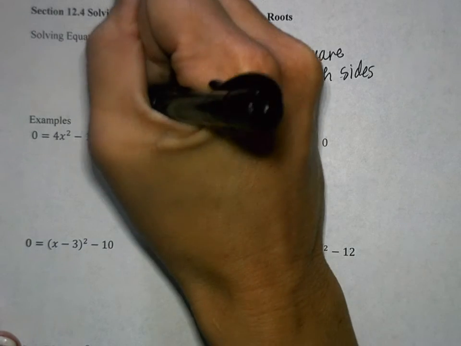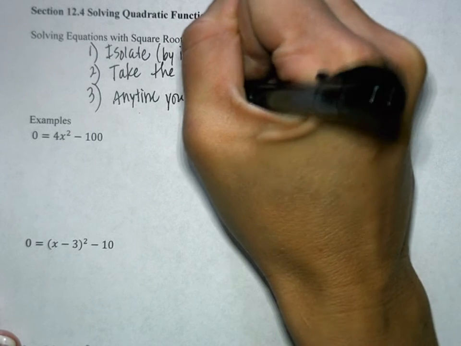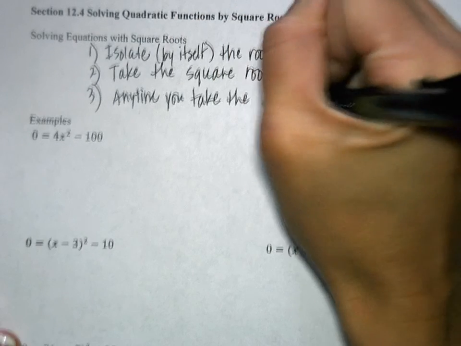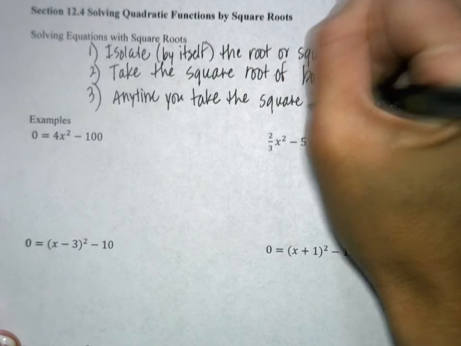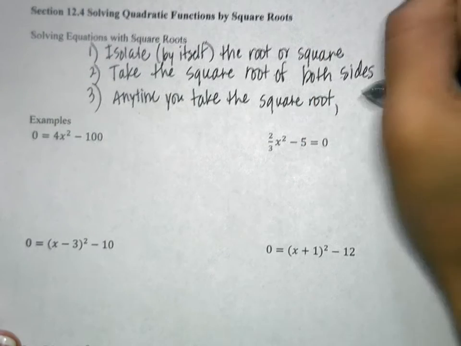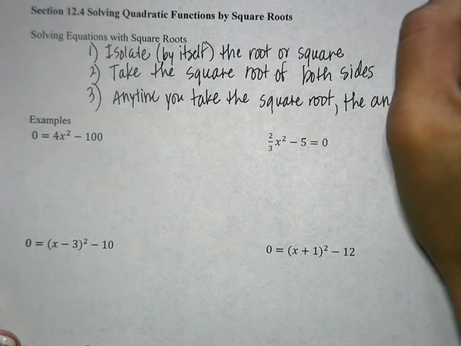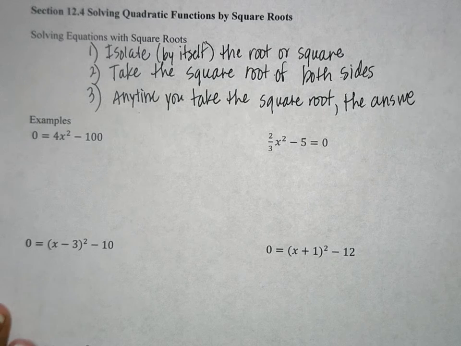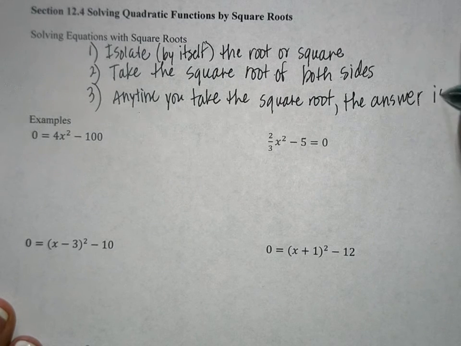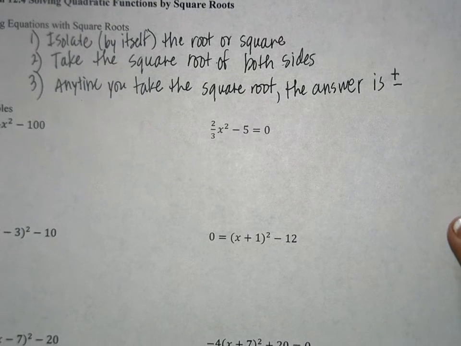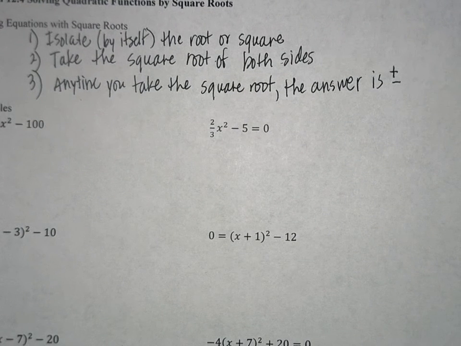And that is that anytime you take the square root, the answer is plus or minus. What that means is that you get a positive answer and a negative answer. So that means there's actually 2 answers.